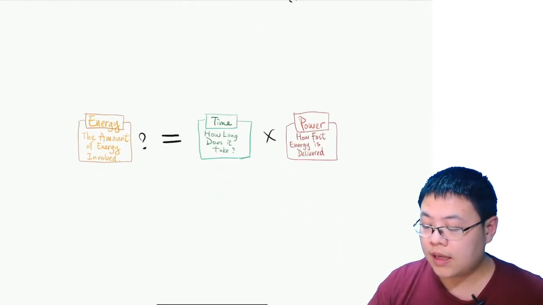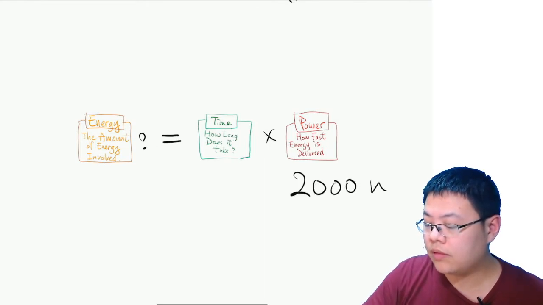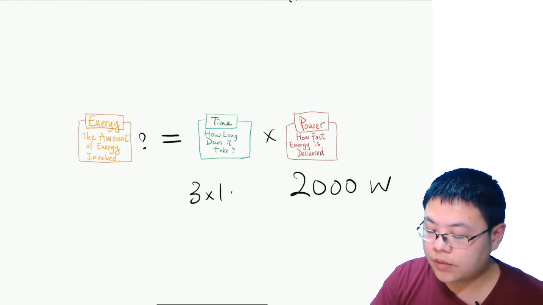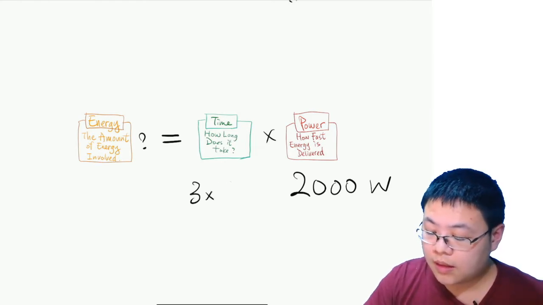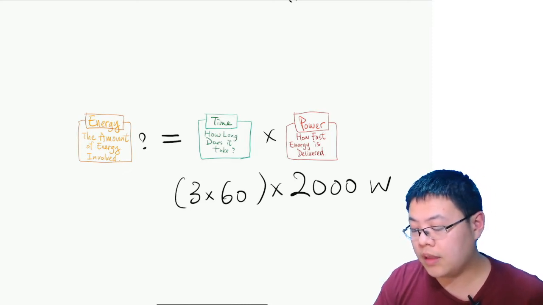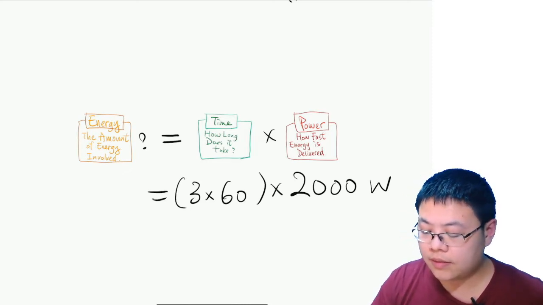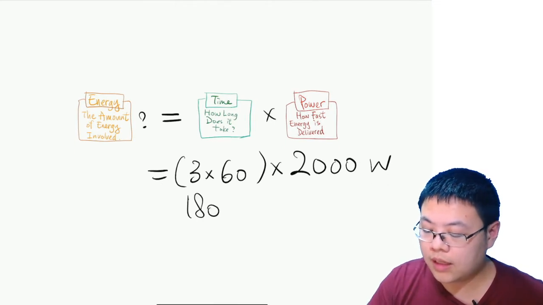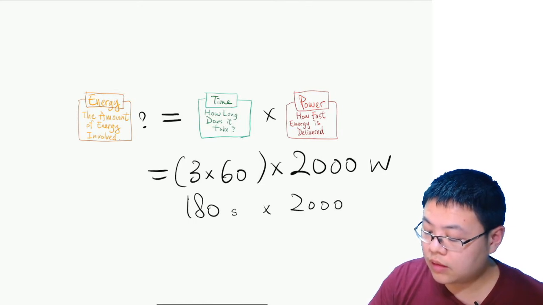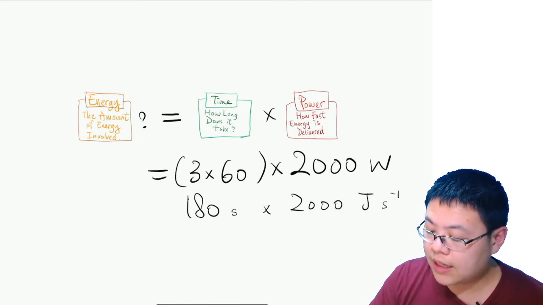And then how much time? This is 2000 watts. This is 3 times 60. 3 minutes, and then 60 seconds per minute, and then you have 180 seconds times 2000 joule per second.